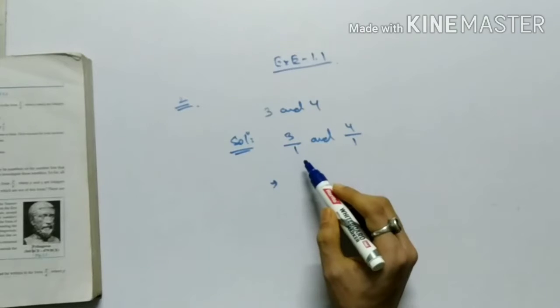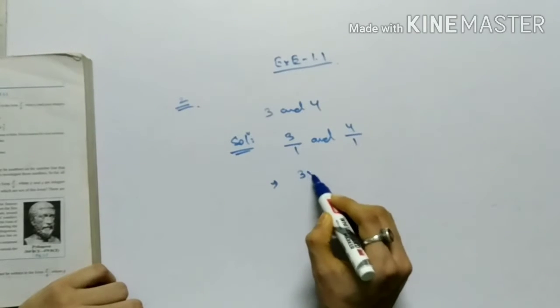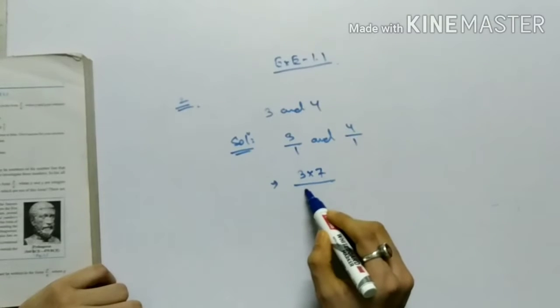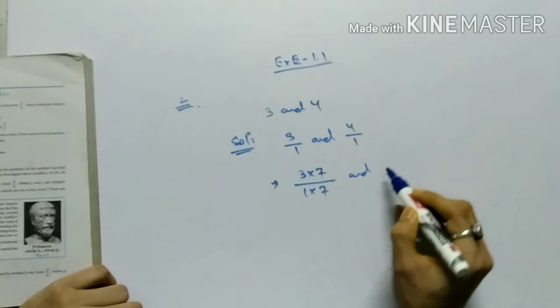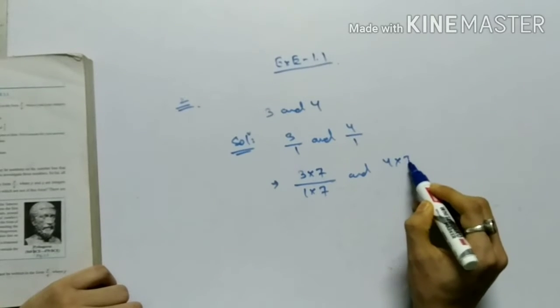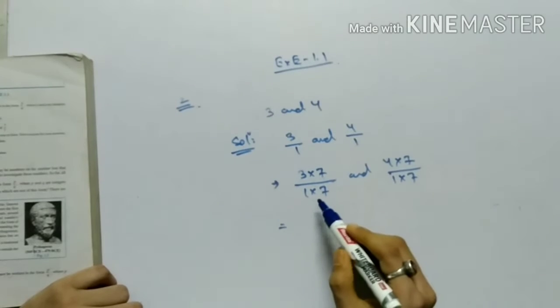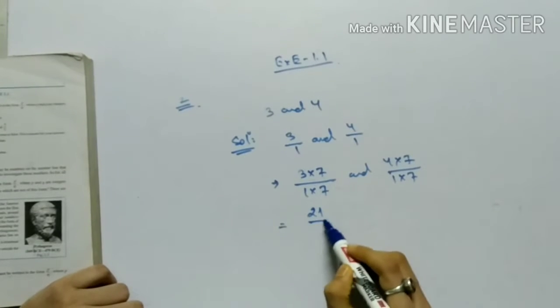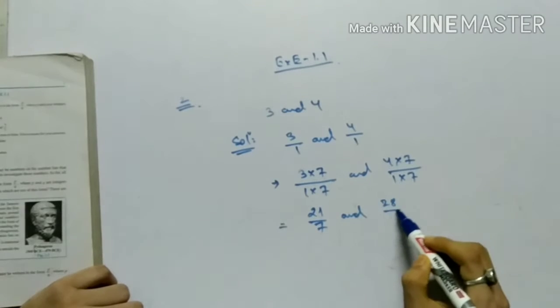So 6 plus 1 I will get 7. So 3 into 7 by 1 into 7, and 4 into 7 by 1 into 7. So this one I will get 3 7s are 21 by 7, and this is 28 by 7.